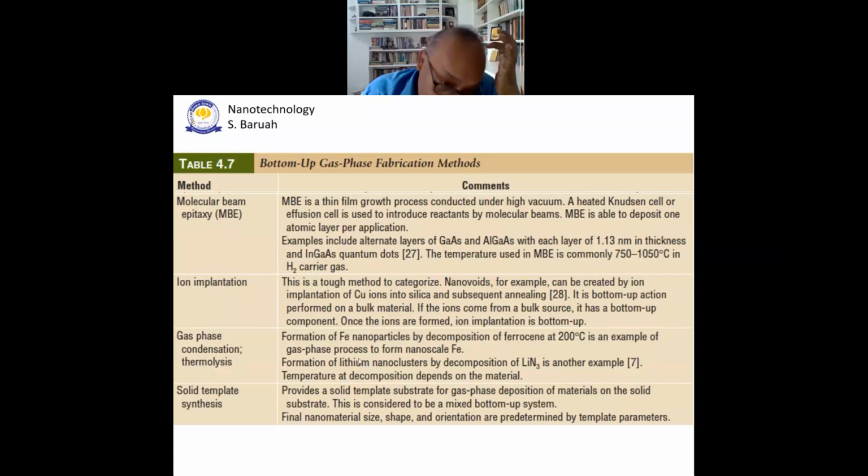Okay, so iron nanoparticles can be formed, like I already mentioned before, from ferrocene at a very high temperature, right, by basically converting it into a gaseous form and then recondensation, because to make a nanoparticle we will need at least some hundreds or thousands of atoms together. Okay, it's not one single atom. If it's a single atom, it's an atom, right?